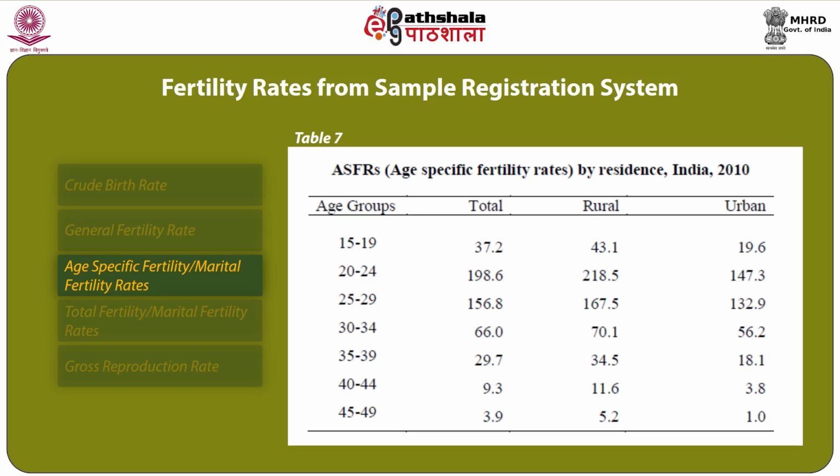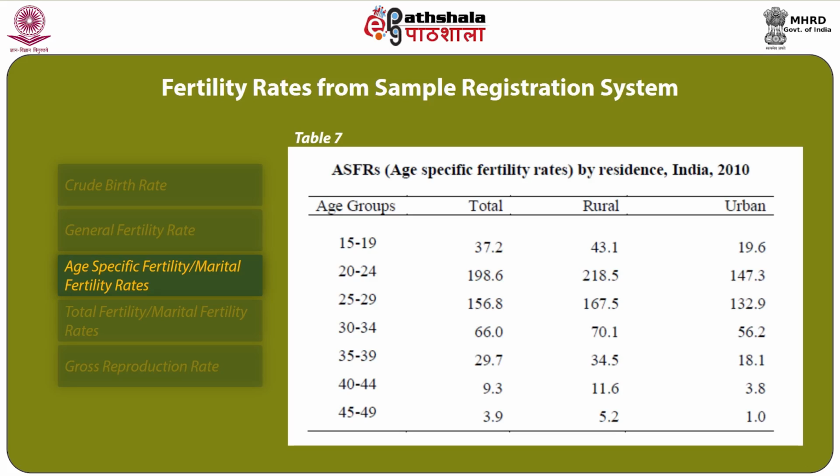In the last age group interval, that is women in the 45 to 49 years age group, the age-specific fertility rate is at the least level, only 3.9 in the total population. In rural areas it is 5.2, and in urban areas it is the least, only 1.0.